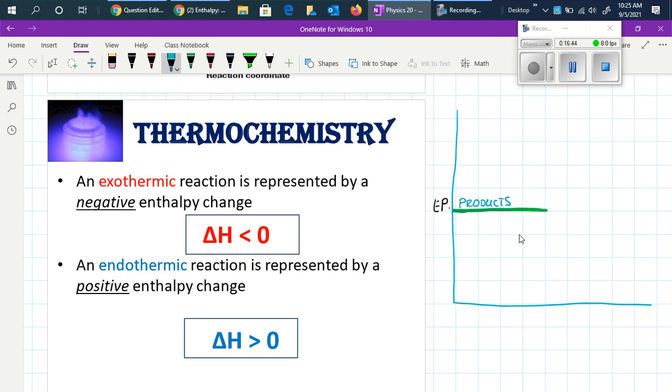What is happening in terms of where this change is going? This change is going to the surrounding. So as a result of this, the products will be somewhere in here. Products.